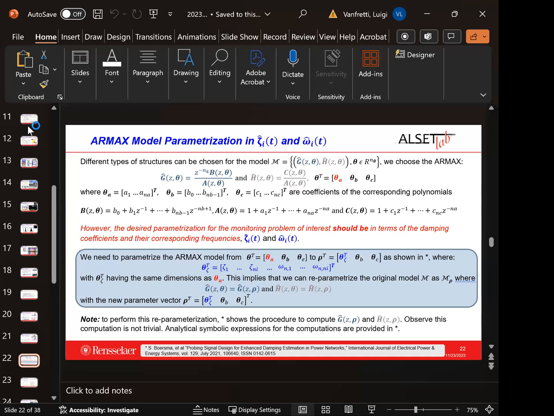And what motivates having the same denominator in the noise model as in the system model? Well, this is the chicken and egg problem that I think Xavier talks about a lot.